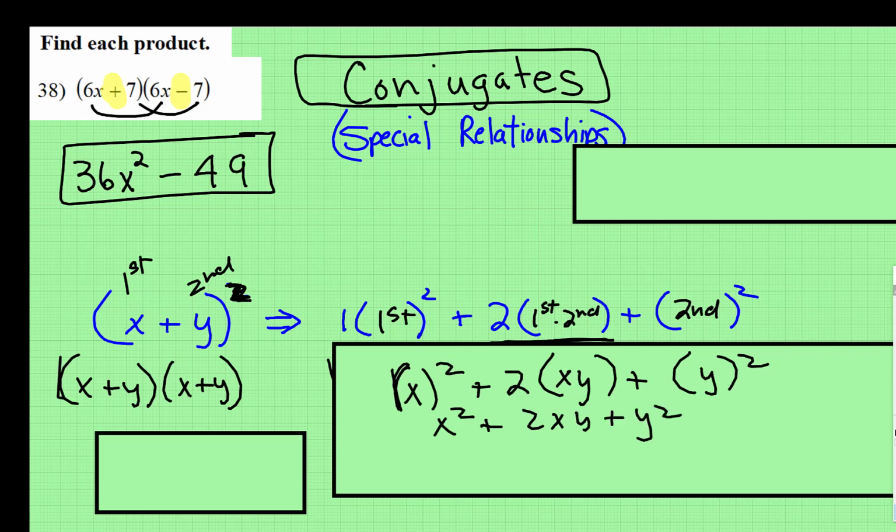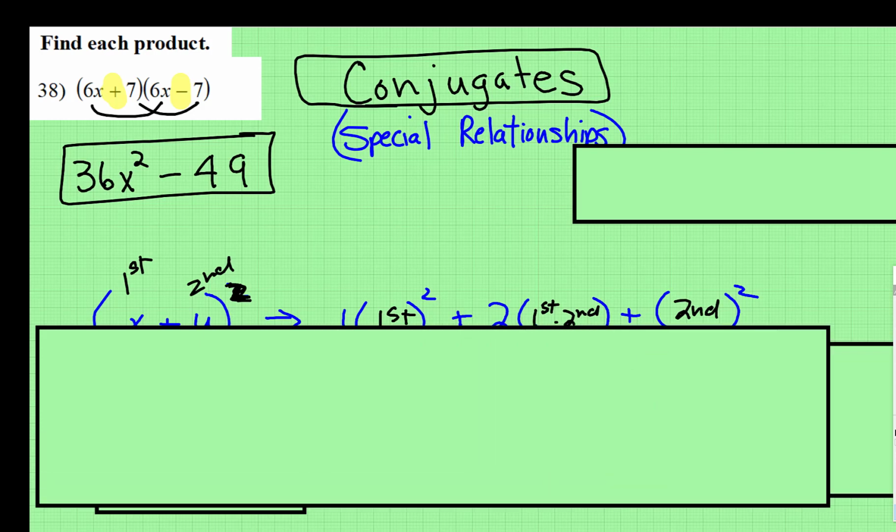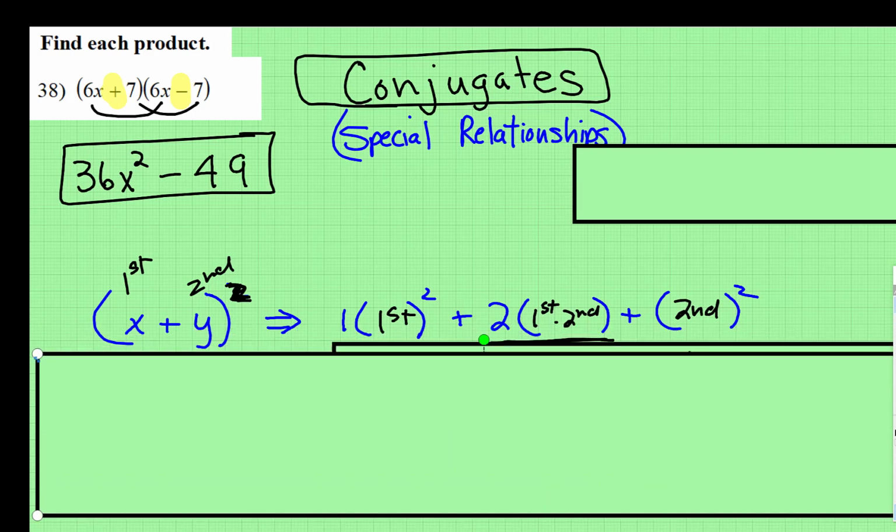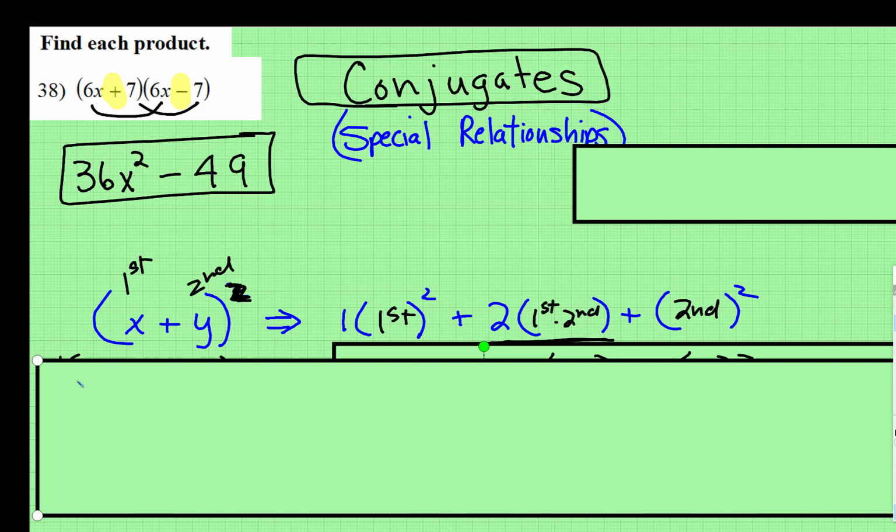So let's actually do an example where it would actually come in handy. So let's say this was 4x plus 5 squared. We're going to follow this pattern.